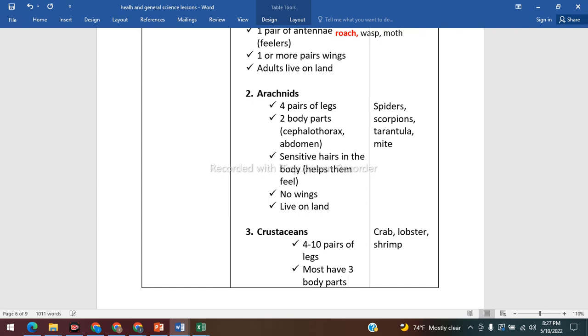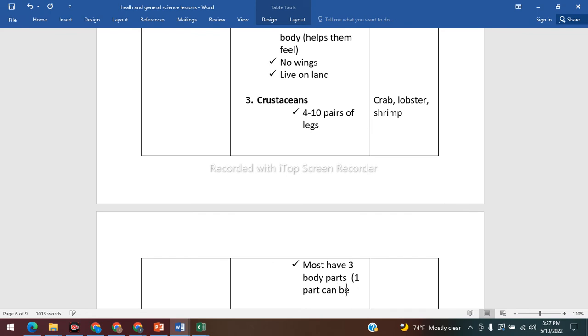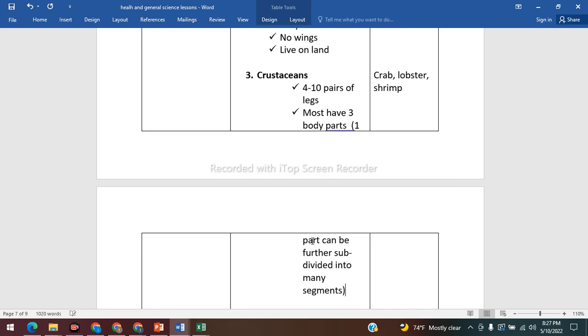Body parts. Most have 3 body parts, but one part can be further subdivided into many segments. All right.